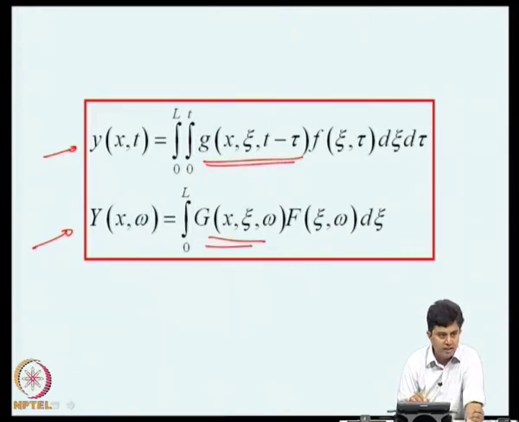So, this is basically the input output relation in time and frequency domains for a deterministic system subjected to a general load f of x comma t. This again requires a few steps of derivations. I will leave this as an exercise.